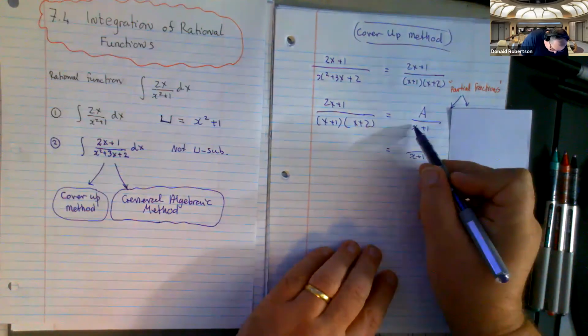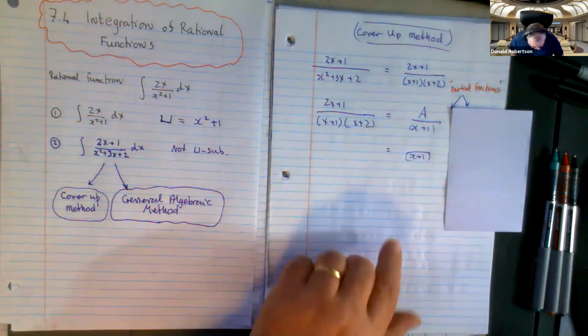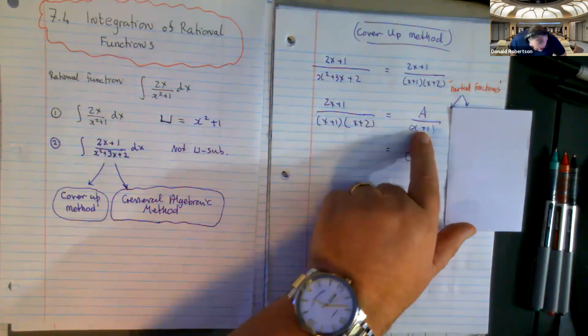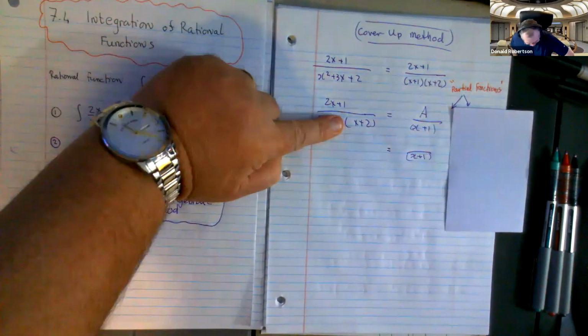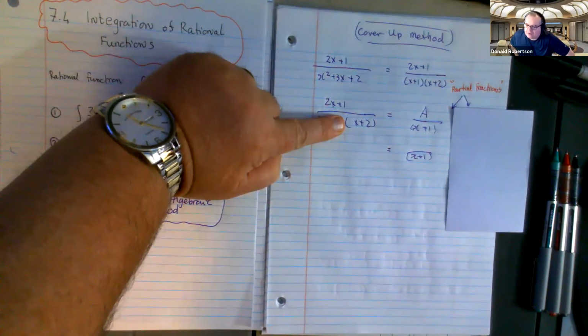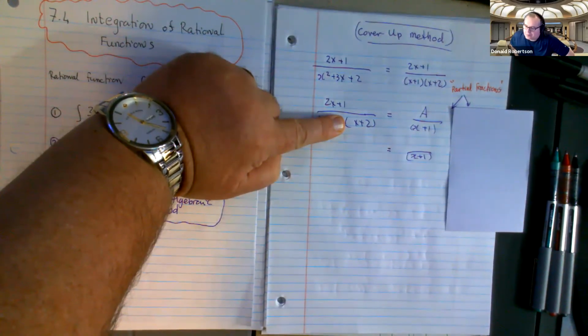Put little brackets in there. I want this number A, so I cover up the x plus 1. You see there's a little fraction there, 2x plus 1 in the top, x plus 2 in the bottom. Do you see that guy?